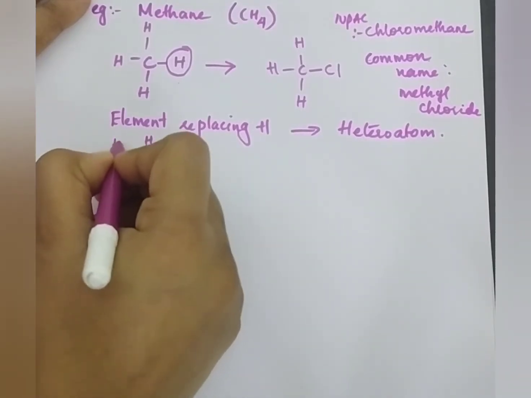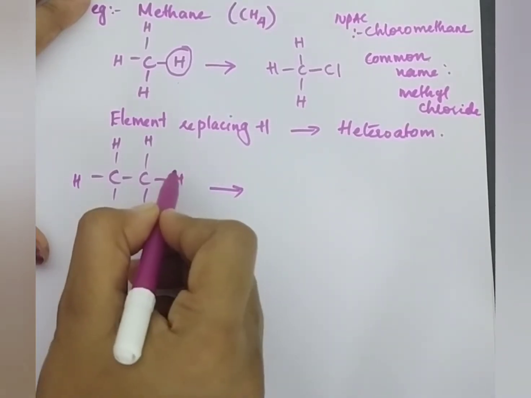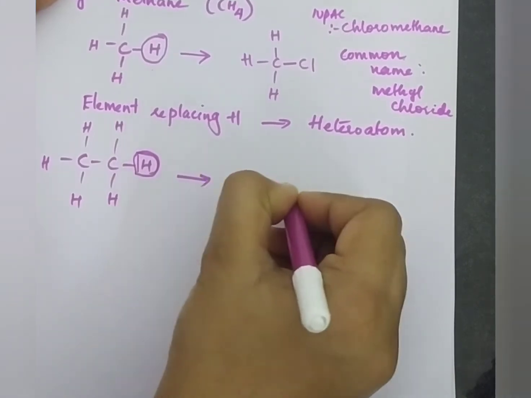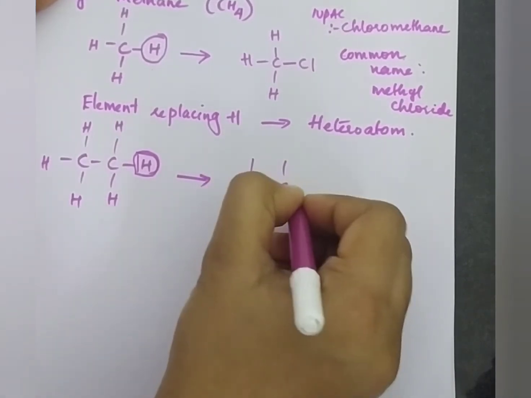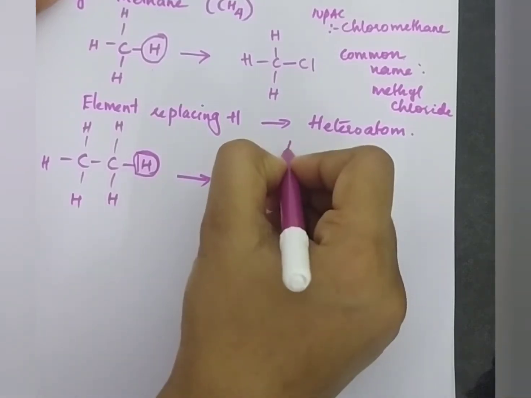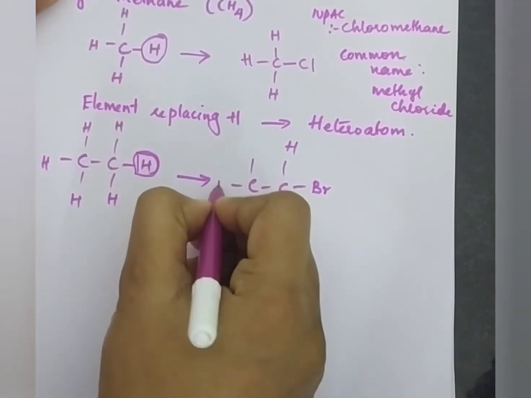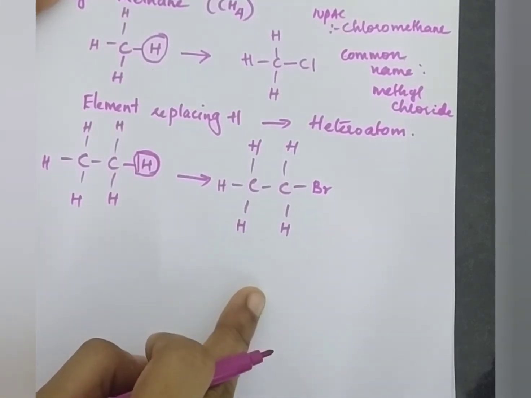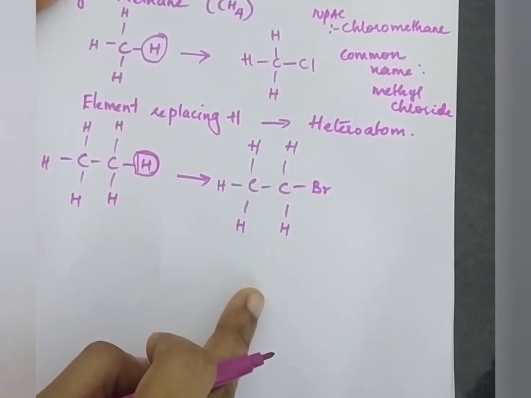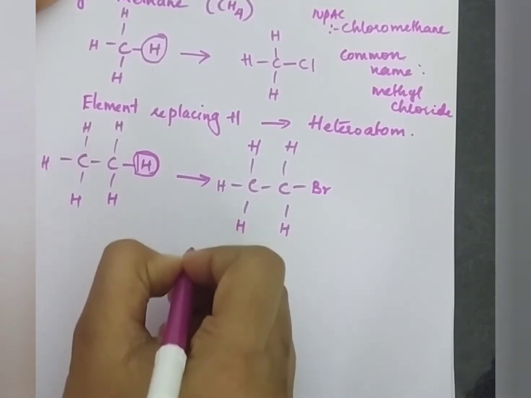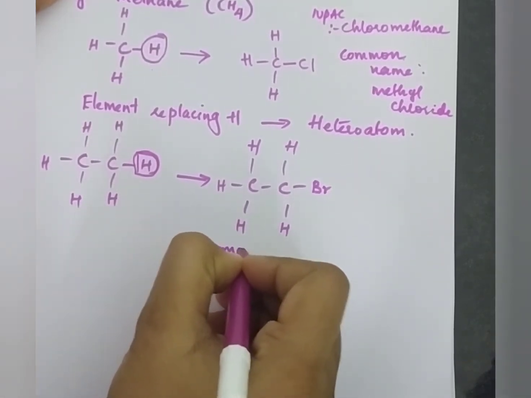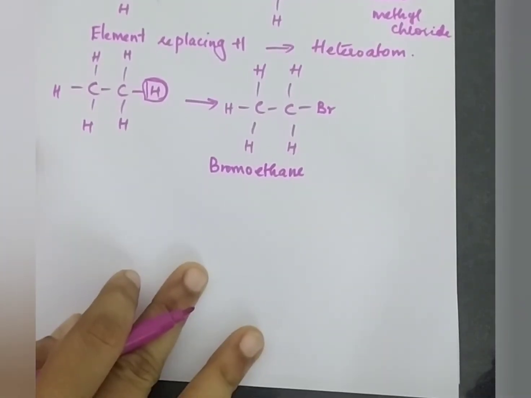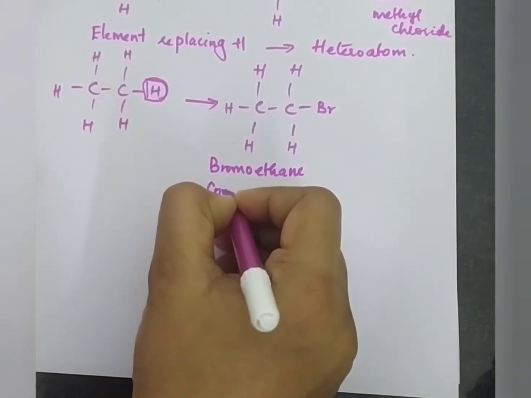Ethane contains 2 carbon atoms. So I replace one of the hydrogen with another halogen atom, that is bromine. So what is the name of this one? It is bromoethane, that is the IUPAC name. And the common name is ethyl bromide.